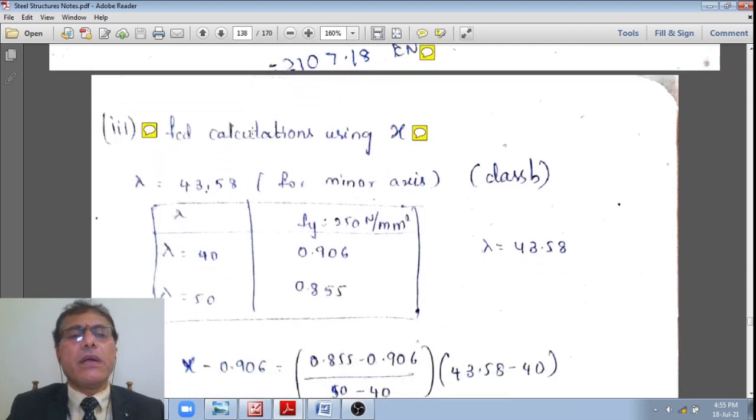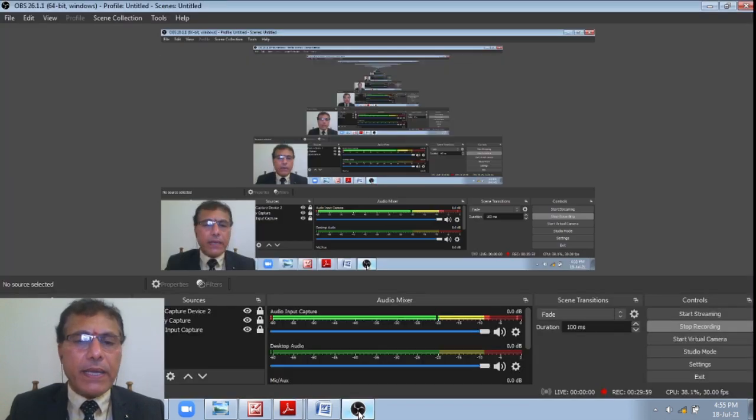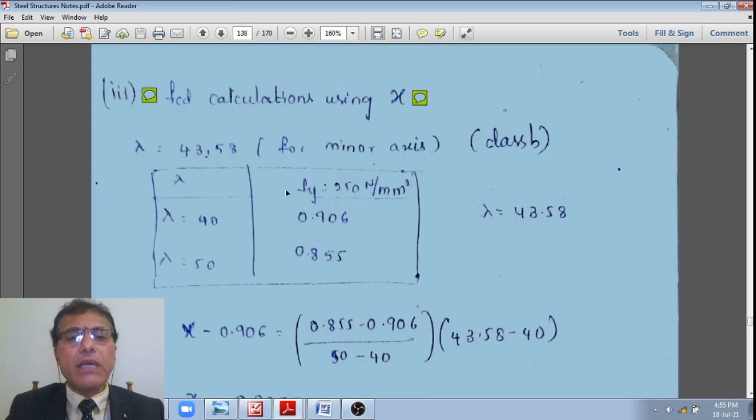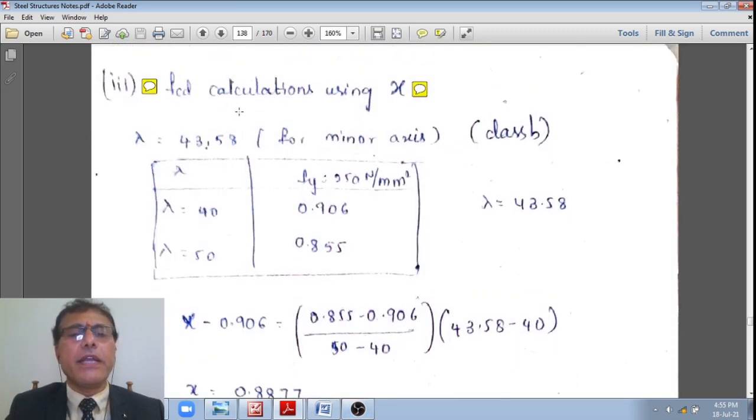Now this is the second option, whereas alternatively we can calculate using the stress reduction factor. This is the third procedure I am explaining. However, all three procedures need not be used. Any one procedure can be used for calculating the strength about the minor axis.